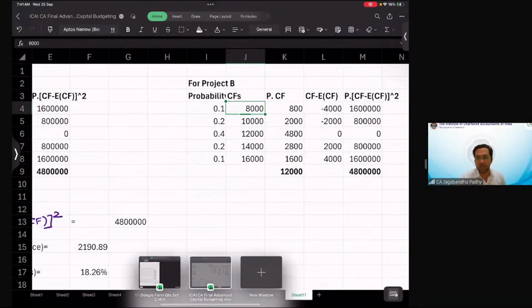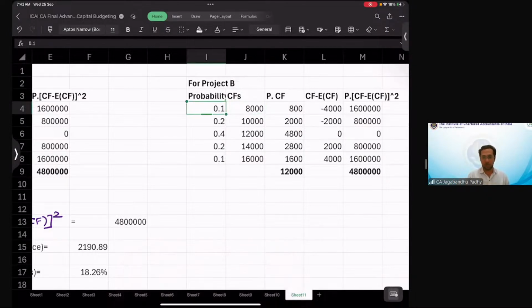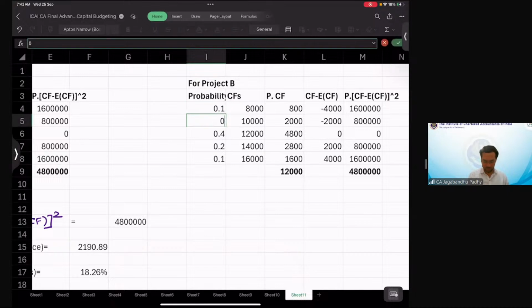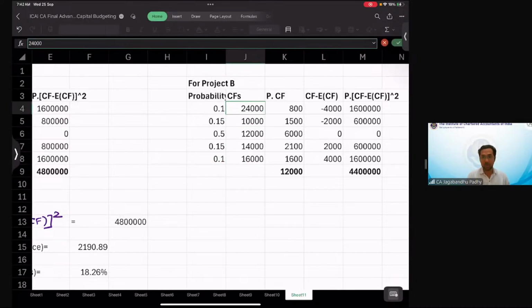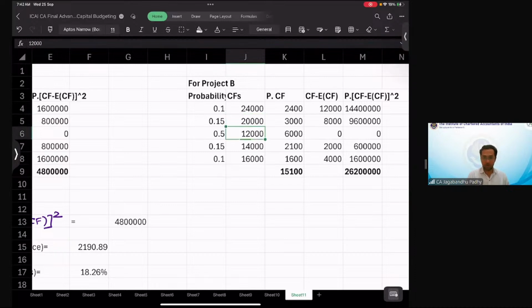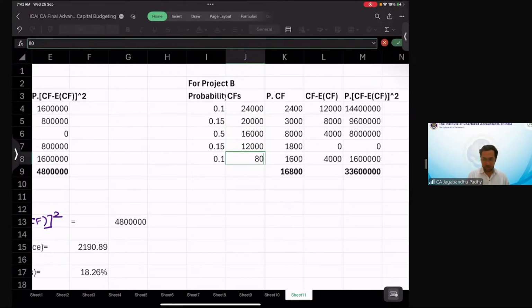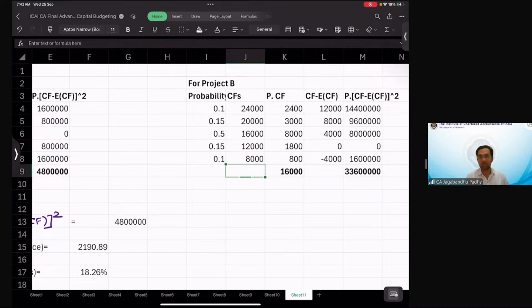I just need to change the data to get the answer. So probabilities are 0.1, 0.15, 0.50, 0.15, and 0.10. Cash flows are 24,000, 20,000, 16,000, 12,000, and 8,000. So we get the expected value as 16,000.